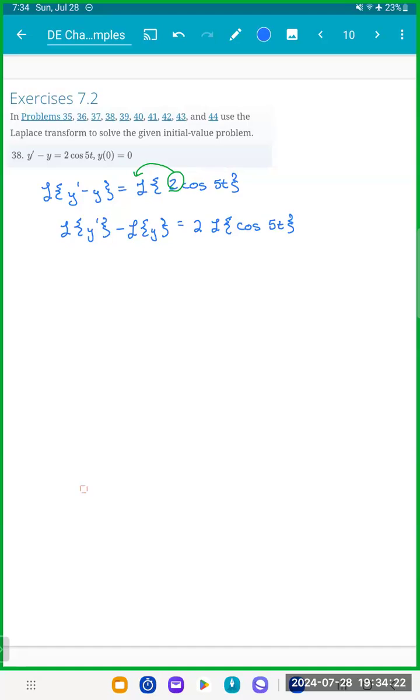Now we can simplify this a little bit more. When we have the Laplace of a y prime, that's the same as saying s times the Laplace of y, minus the Laplace of y equals, and then we can make this transform. It would be 2s over s squared plus 25. So we're really just moving that into the transform already.